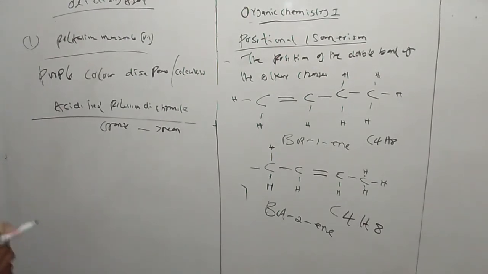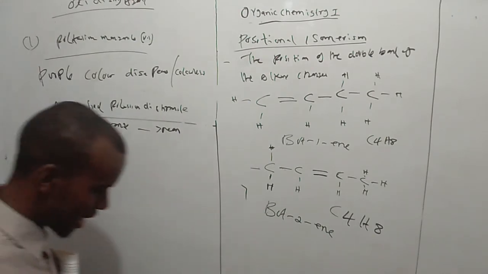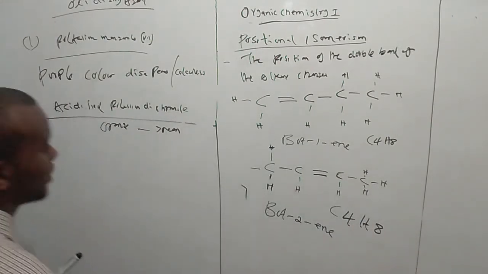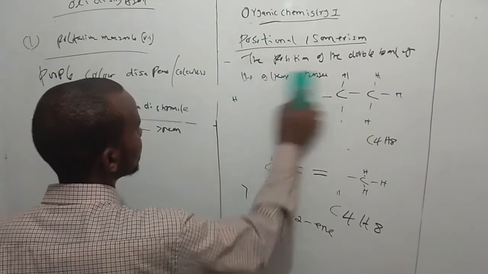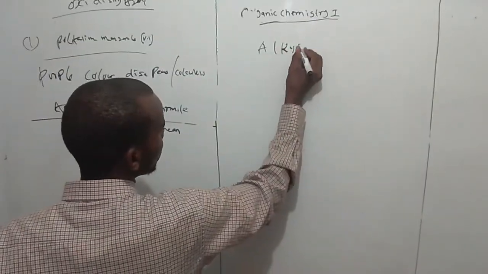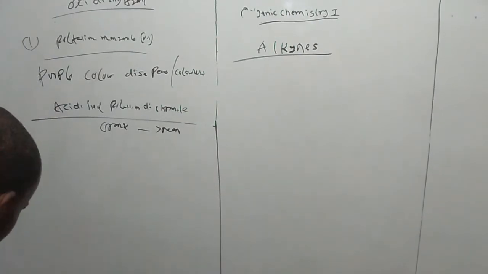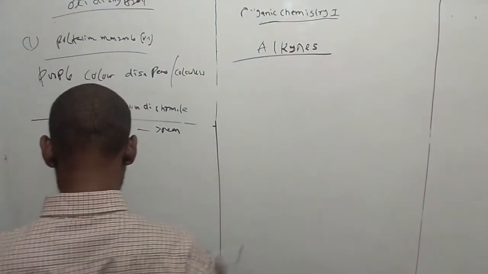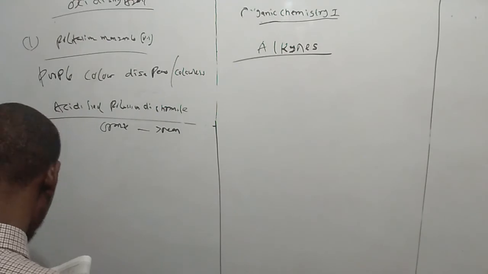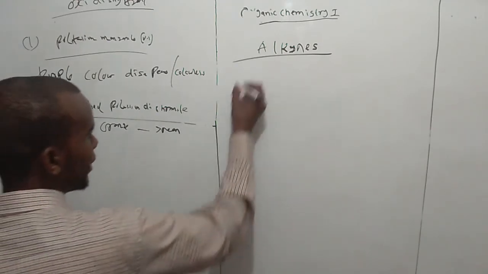We like to look at the last part of this organic chemistry 1, which is alkynes. Let's focus on alkynes. Remember, alkynes are hydrocarbons which contain a triple bond.